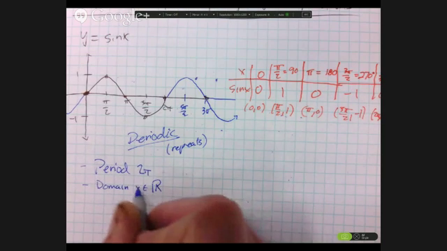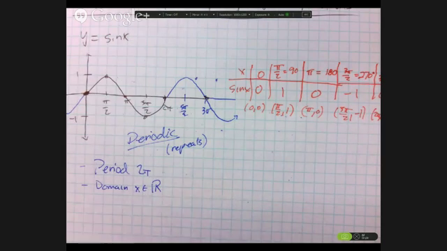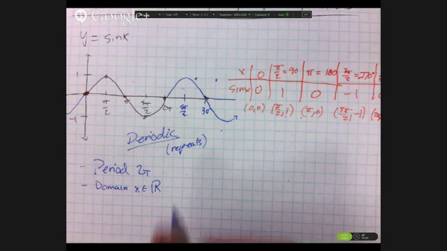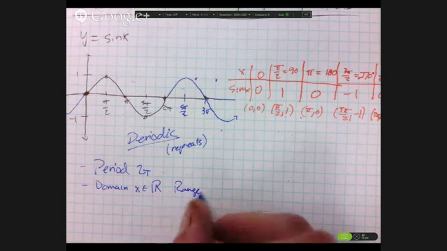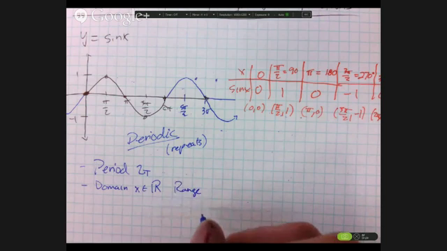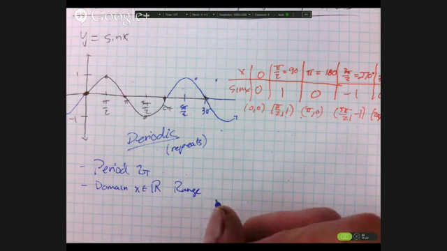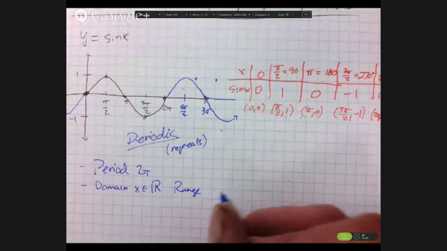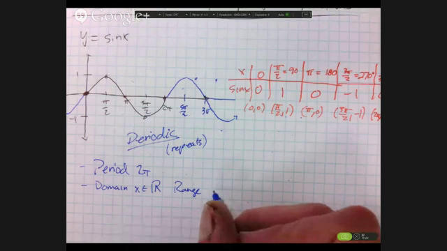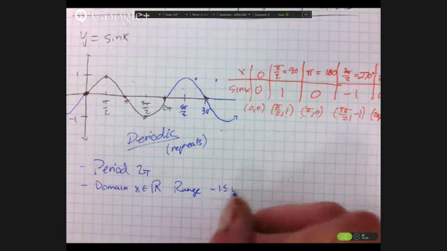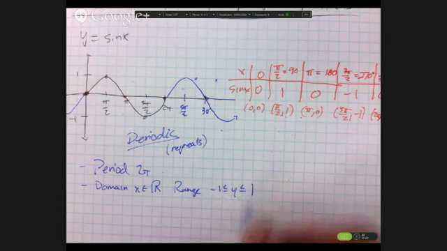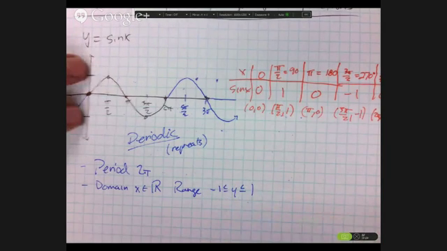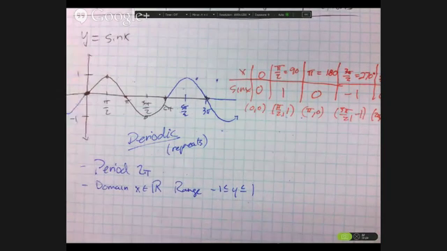The real numbers. Okay. It covers every x value. What's the range? What does it go between? Up and down, right? It doesn't go above 1 or below -1.